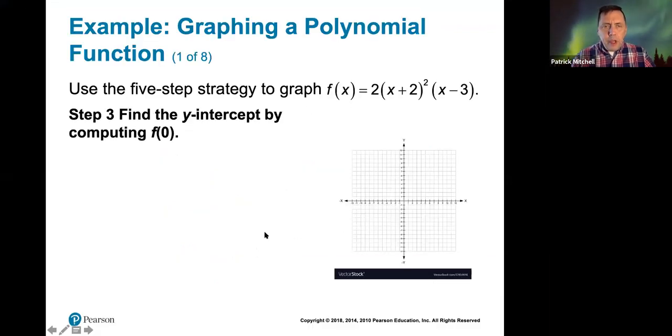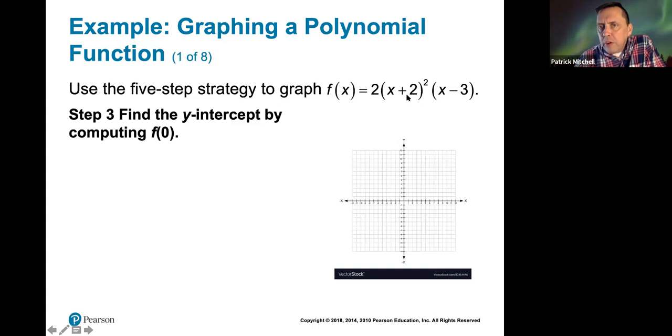Let's see. Find the y-intercept by computing f of 0. Okay, so that I think we can do in our heads. So if we substitute 0 for both of these x's, this is going to be a 2 squared, which is 4. This is going to be a negative 3.